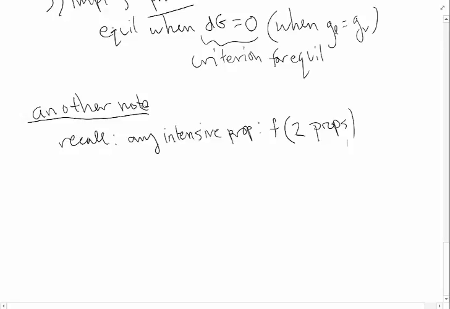So any intensive property is a function of only 2 properties. You give me 2, I can get any other intensive property. And recall as well, an extensive property is one where the size does matter, where the quantity matters. So an extensive property is going to be a function of 2 properties as well as the quantity.